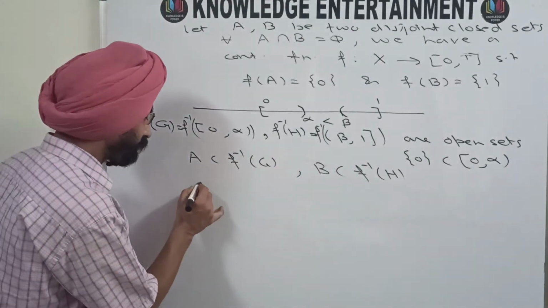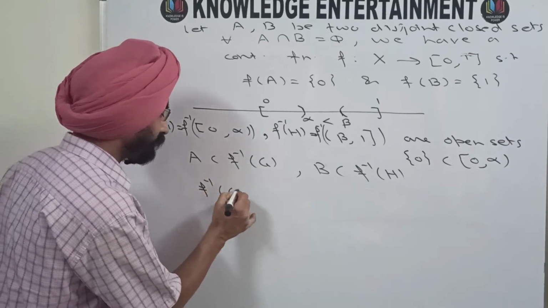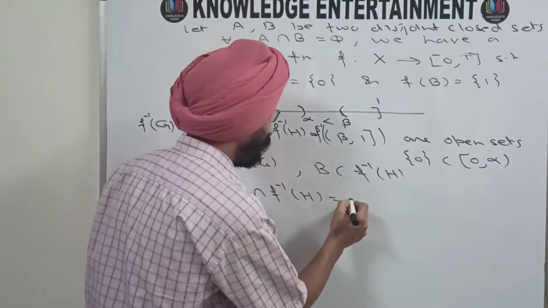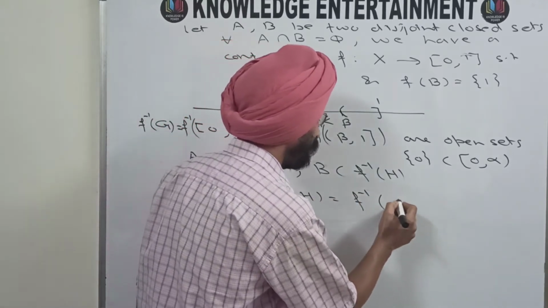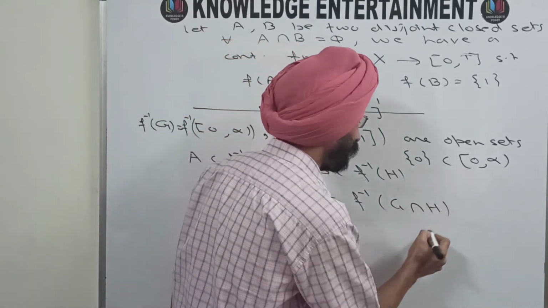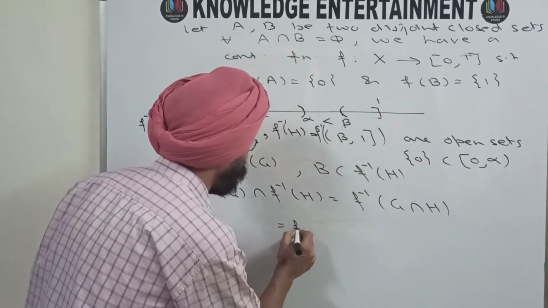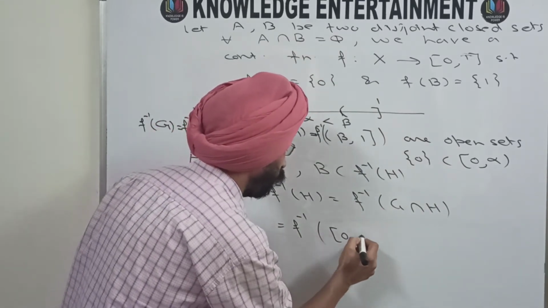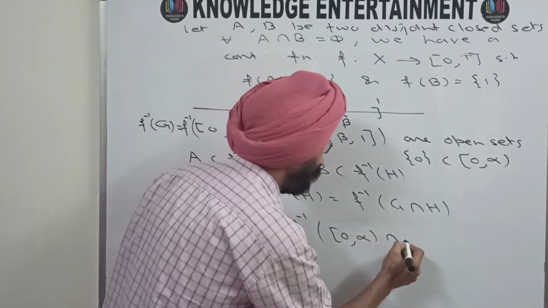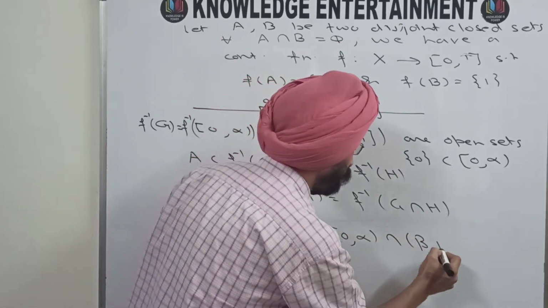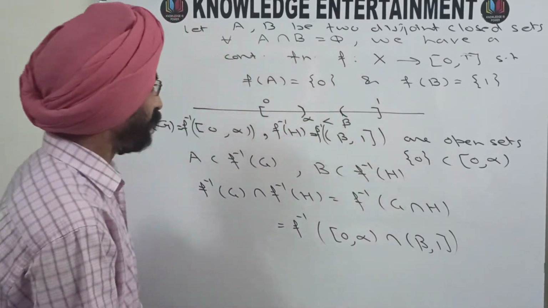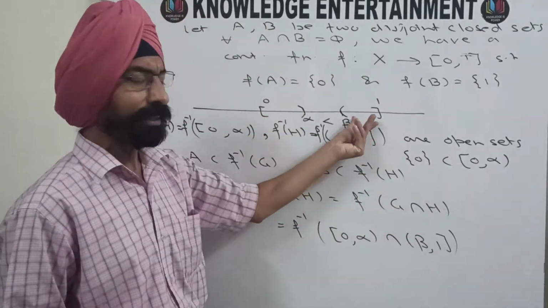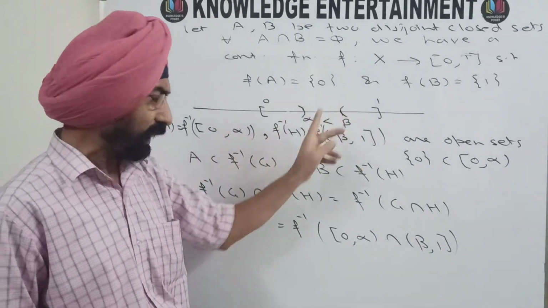For that, f inverse G intersection f inverse H is f inverse of G intersection H. So what is G intersection H? G is [0, alpha) intersection (beta, 1]. On the real line, this is 0 to alpha, this is beta to 1, and clearly their intersection is empty.